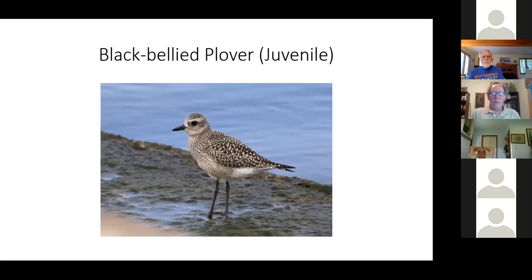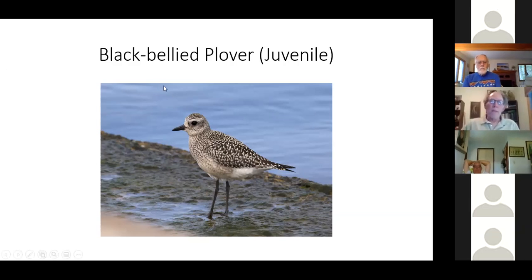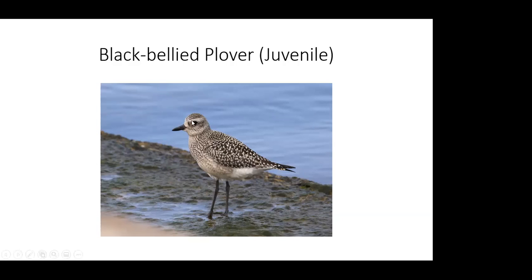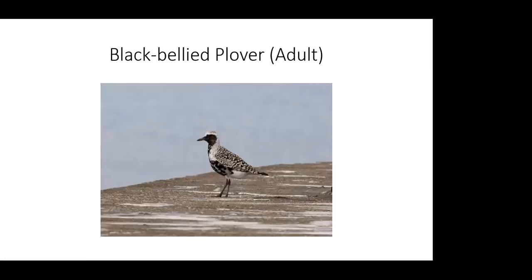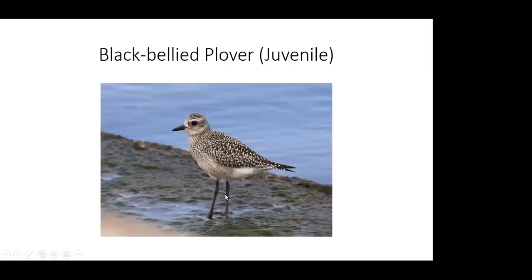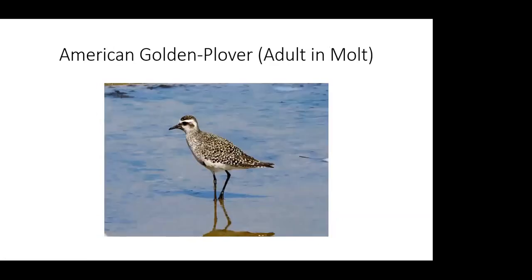Now, we have a juvenile black-bellied plover. Keep this in mind. The golden plovers have a more distinct cap and white eye stripe. So if I go back, notice the cap kind of blends in with the white eye stripe. But when we go next to our golden plover, look how distinct that cap is on the adult with a bold white line above the eye.